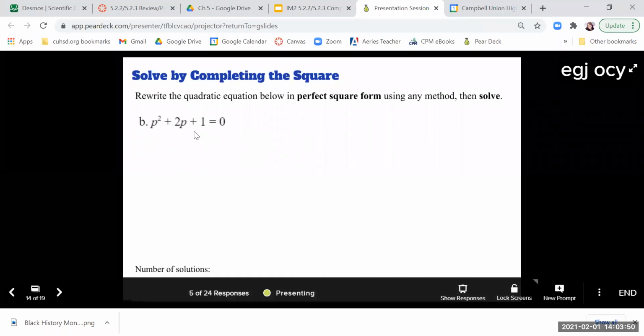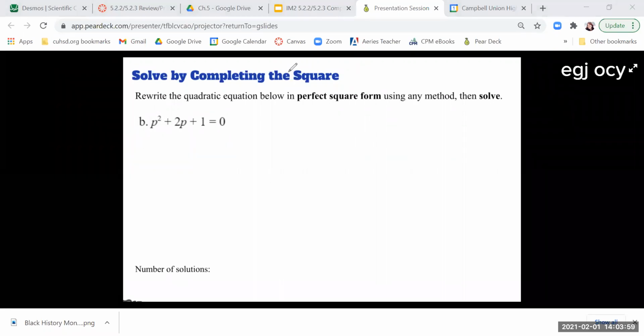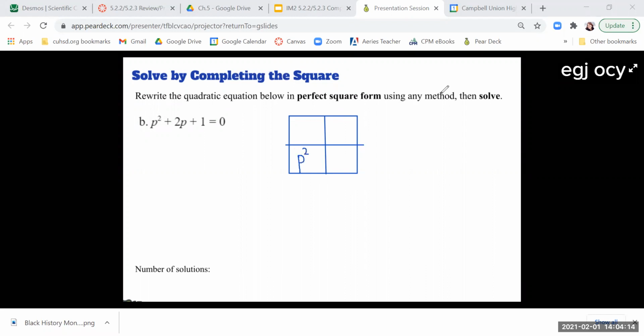So I'm resuming recording. So what I'm going to do is see what we have here in our area model. So when I build this thing, let me fill this in. All right, so I have p's instead of x's, but it's the same idea. So I have p squared here. I'm going to cut this middle term in half.